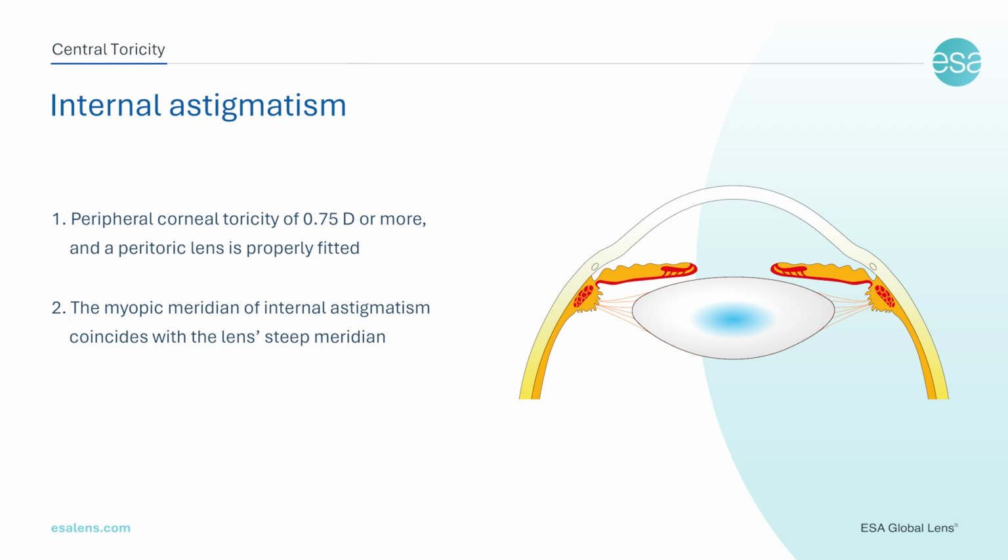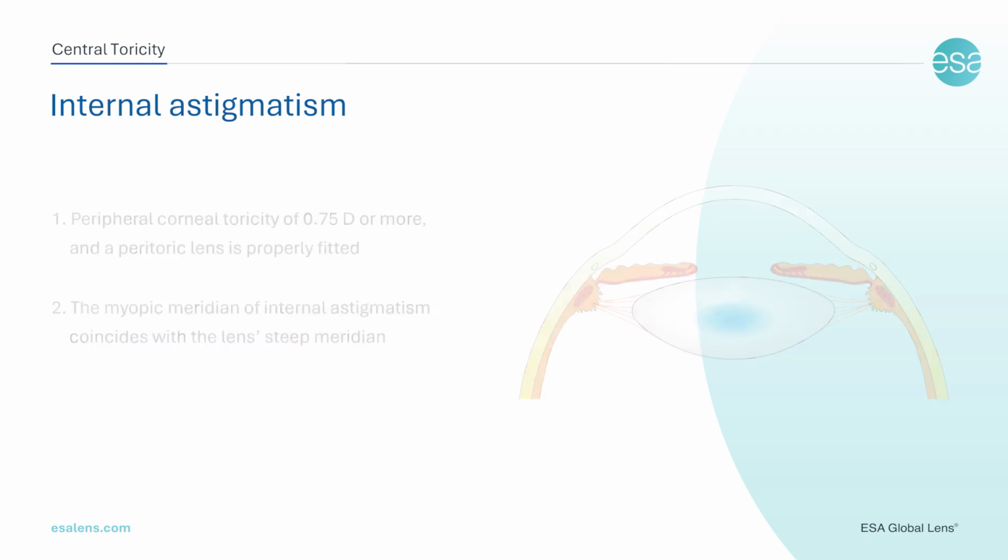Optical alignment. The myopic meridian of internal astigmatism must coincide or nearly coincide with the steep meridian of the stabilized peritoric lens on the eye. This ensures that the physical stabilization of the lens aligns with the internal refractive error.